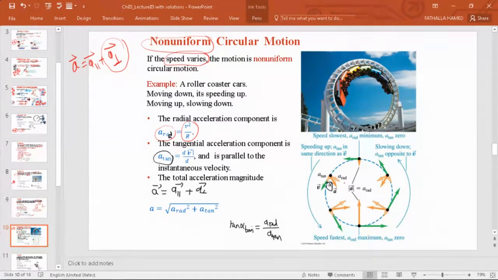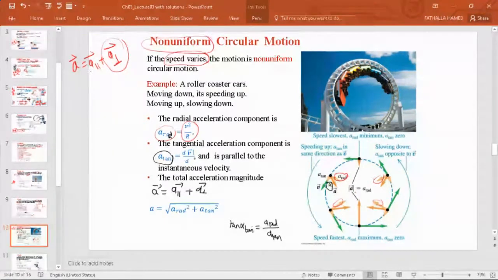And if you notice here, A rad is always pointing toward the center of the circle.